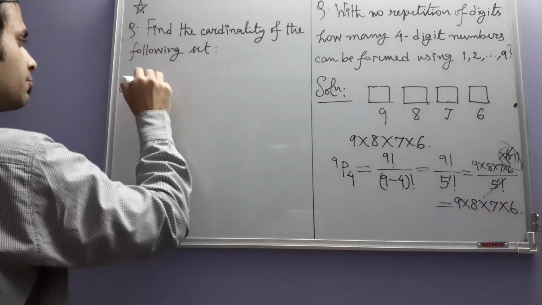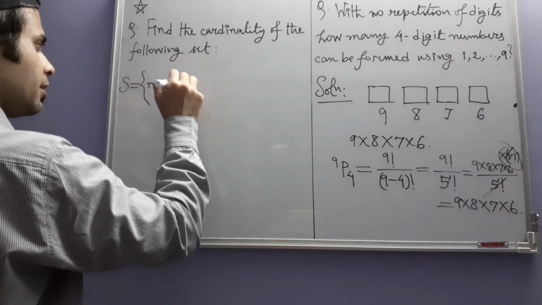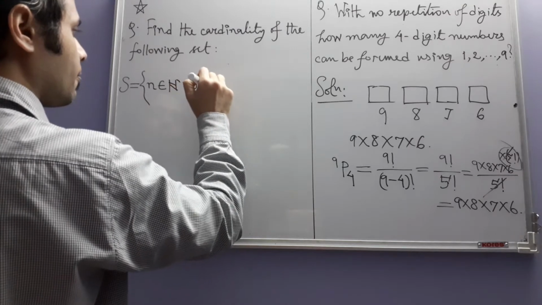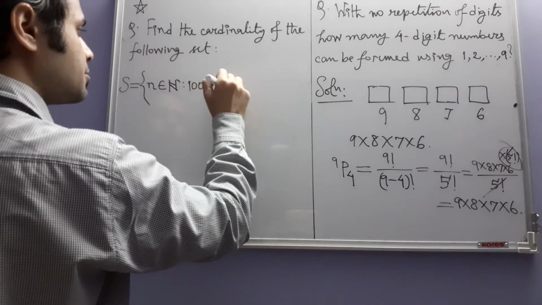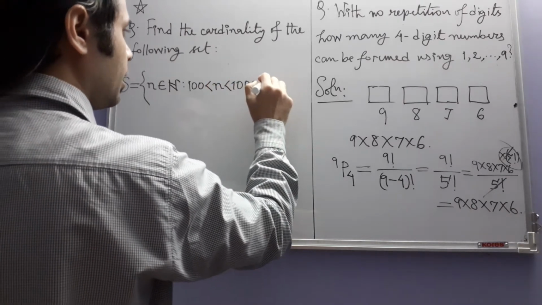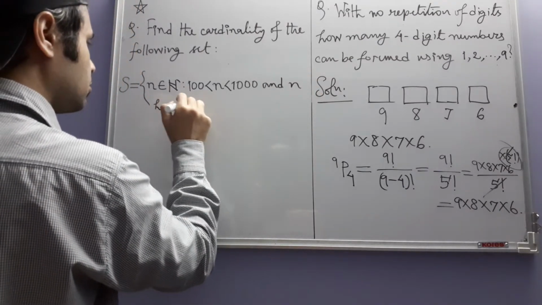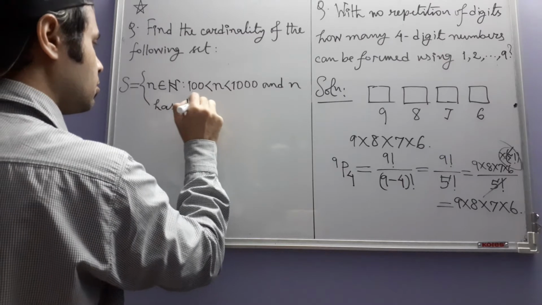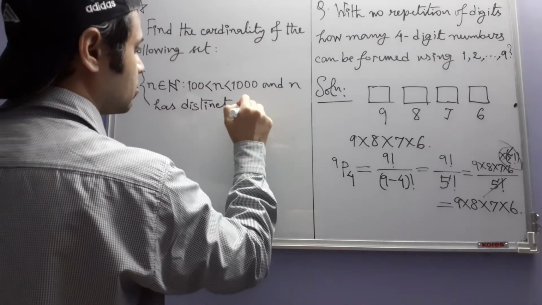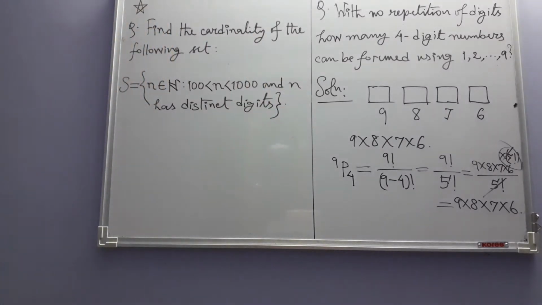It is the set of all natural numbers such that n lies between 100 and 1000, and n has distinct digits. Okay, so this is the set.